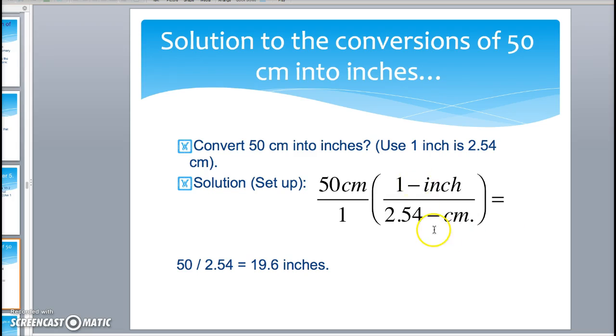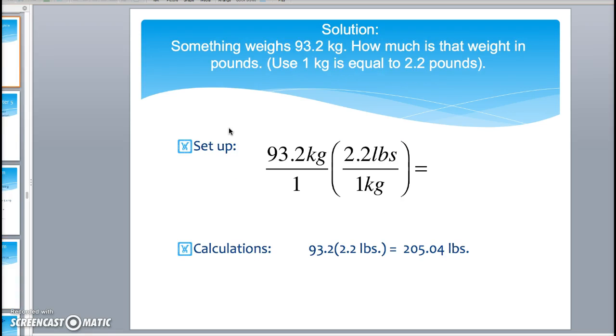As you can see, the centimeters cancel and give us inches. Then it would turn into cross multiplication, 50 on the numerator and 2.54 on the denominator, giving us 19.6 inches. So this is some of the stuff that we talked about last week on how to convert.